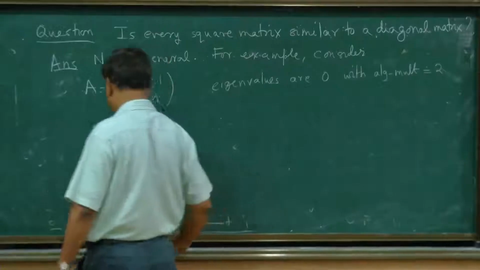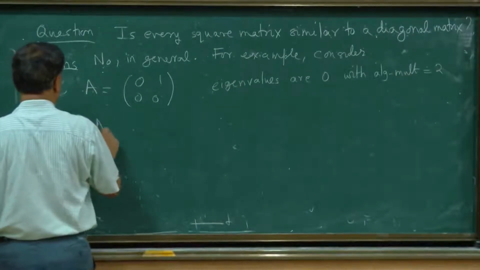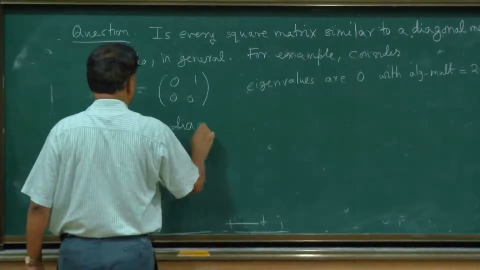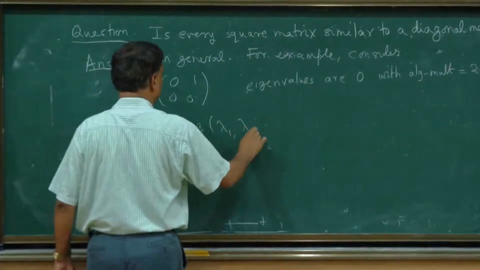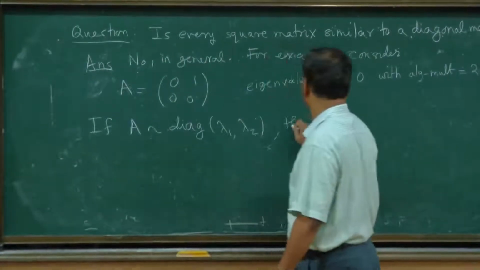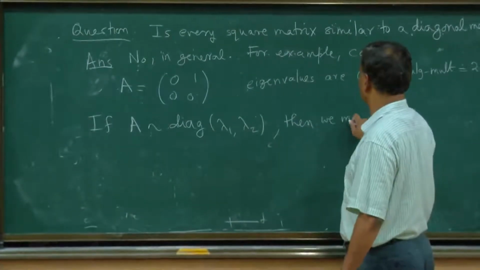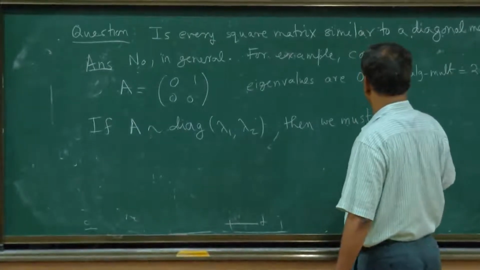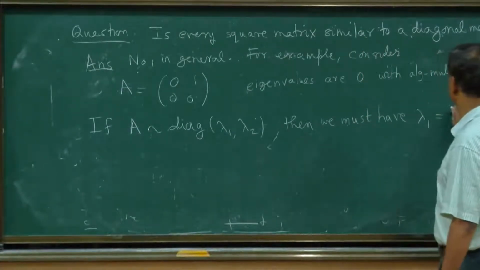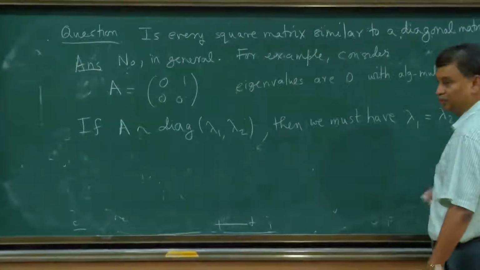Then if A were similar to, say, a diagonal matrix, then we must have the eigenvalues equal to 0.